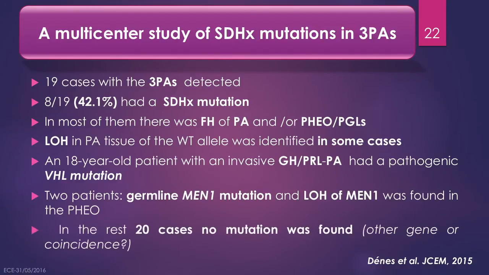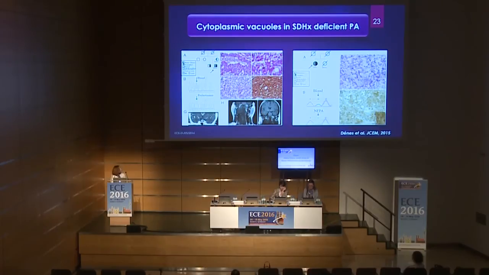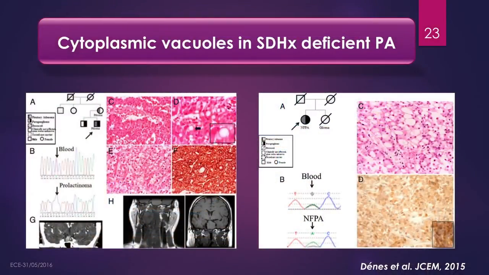In the rest of the 20 cases, no mutation was found, and therefore the authors suggested that there may be another gene involved, or maybe just a mere coincidence. Another very interesting finding in the cases they studied was these cytoplasmic vacuoles in the SDH-deficient pituitary adenomas. Keep this in mind, because I will show you later another similar finding that we saw in the SDHB heterozygote mice when we studied their pituitaries. Unfortunately, they were not able to identify the nature of these vacuoles.